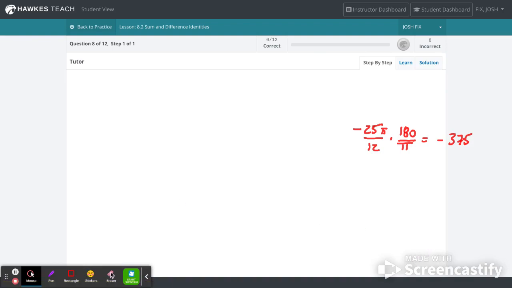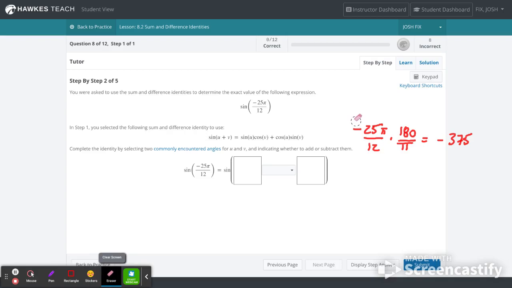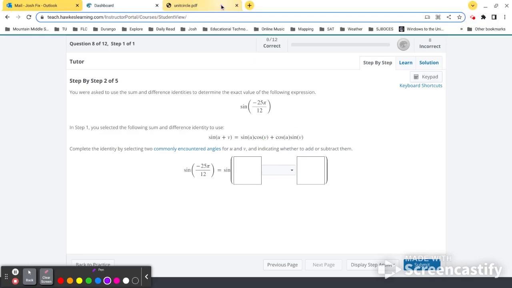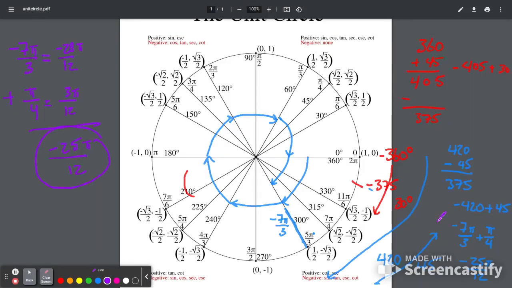So now, while that loads, let's go pen, clear screen. All right, so now, basically what I'm going to do is I'm going to take what we just solved, what we just determined here with this guy, and we're going to plug that in. And that's these two numbers right here. So that's that negative 7 pi over 3 and that pi over 4.